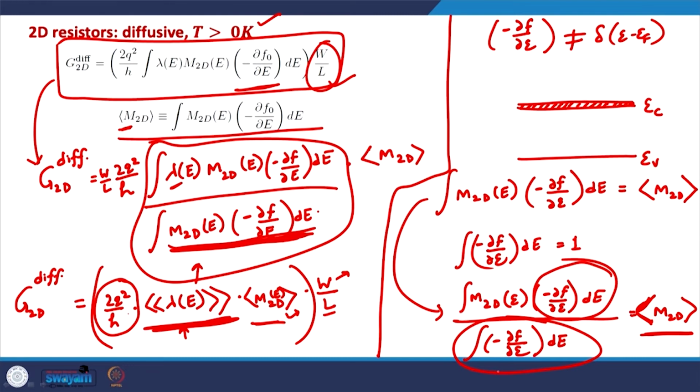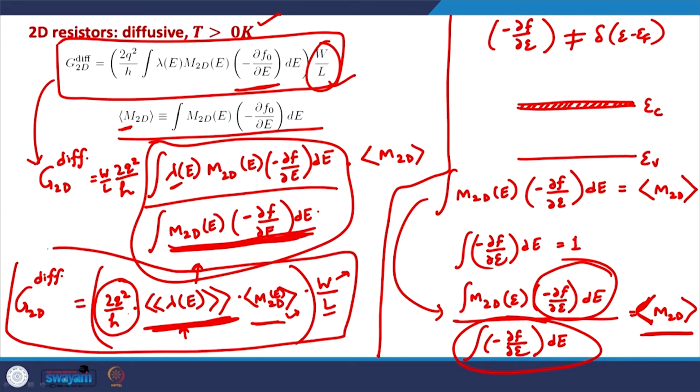Okay. So, this is the core result here, and if we know the exact expression for lambda E, we can do these calculations, and this can be calculated with the help of the Fermi-Dirac integrals.